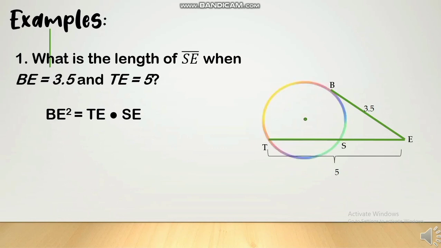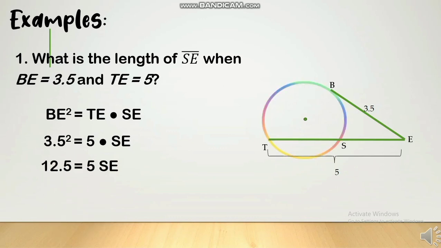Substitute: 3.5 squared is equal to 5 times SE, because the measure of PE equals 5. 3.5 squared is equal to 12.25. Then 5 times SE equals 5SE. To solve for SE, divide 12.25 by 5. So the answer is 2.45 equals SE.